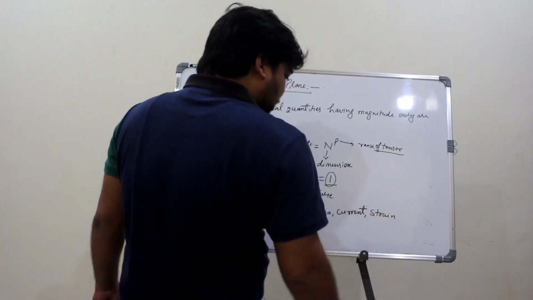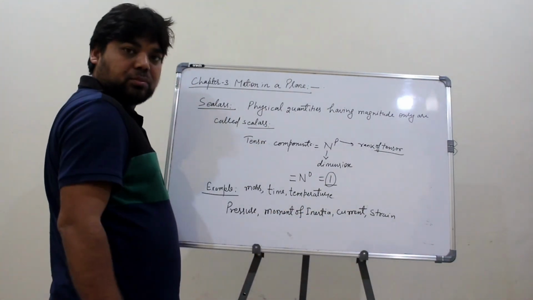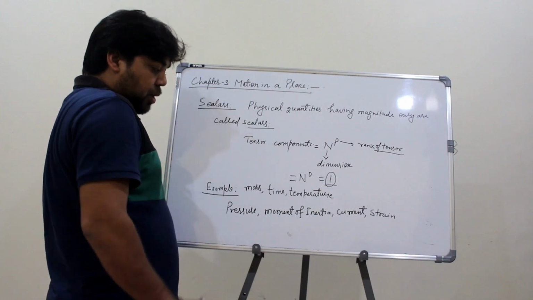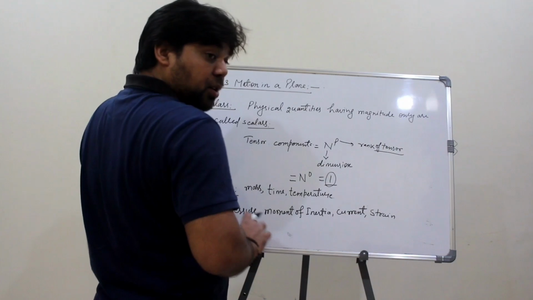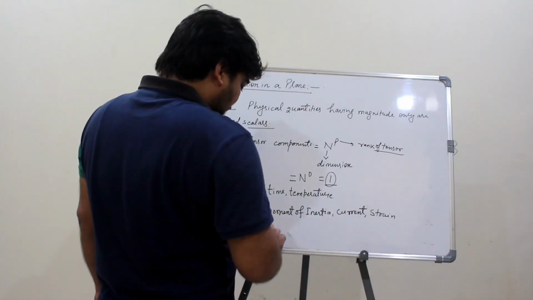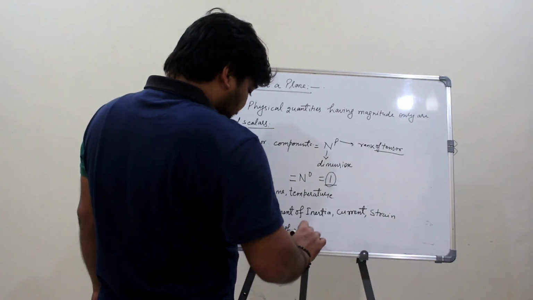So these are some of the examples. These quantities are not scalars, remember that. They are tensors of rank greater than 1. They are neither vectors also.